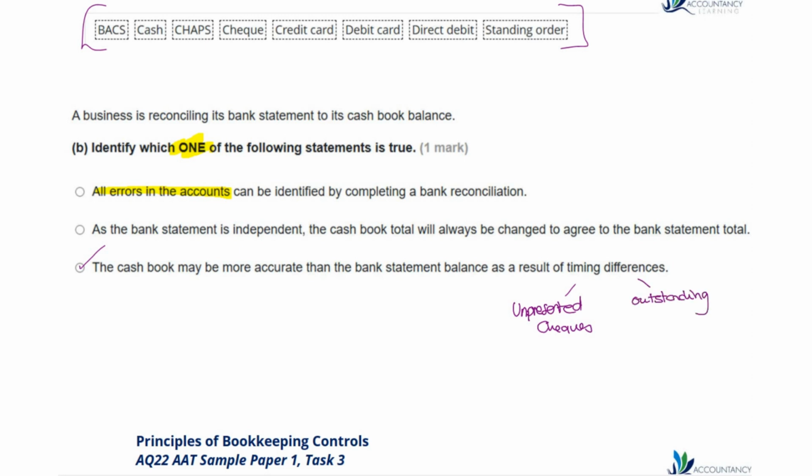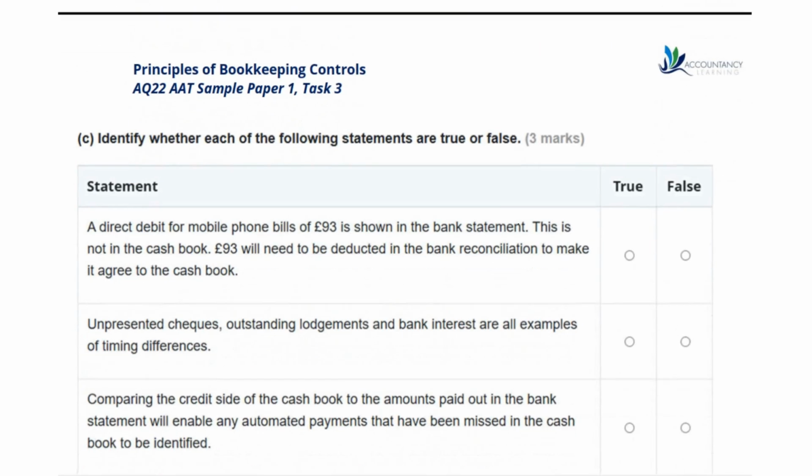This means that either you have written a cheque to a supplier and they haven't banked it yet, so it's recorded in the cash book but the money hasn't come out of your bank account yet, or an outstanding lodgement, where you've received a cheque from a customer and put it in your cash book, but it's still clearing or hasn't yet been taken to the bank in order to show on the bank statement. So therefore the cash book may well be more accurate than the bank statement.